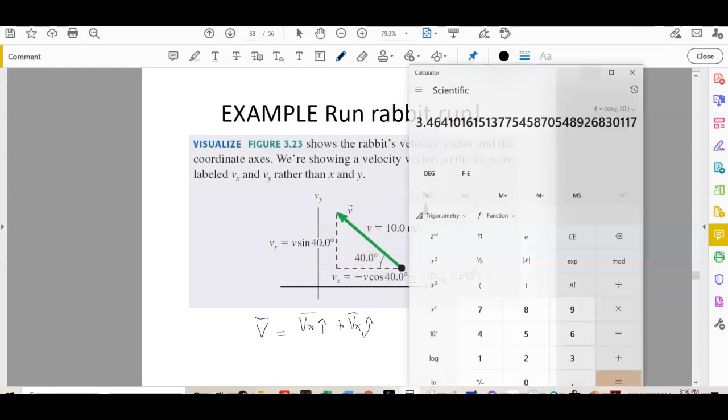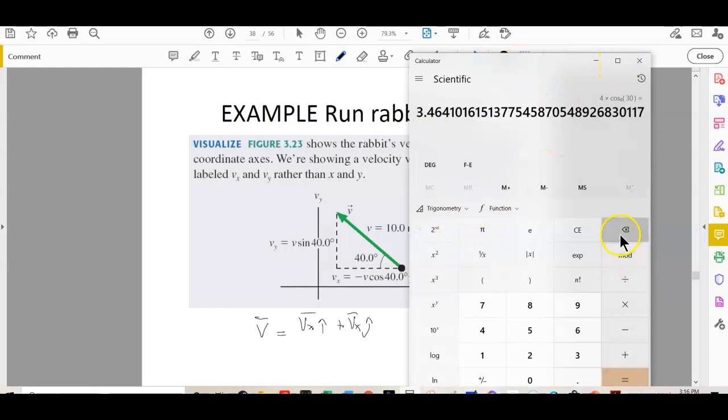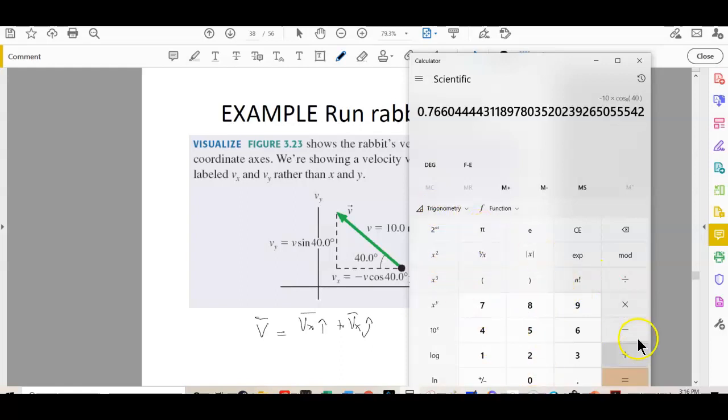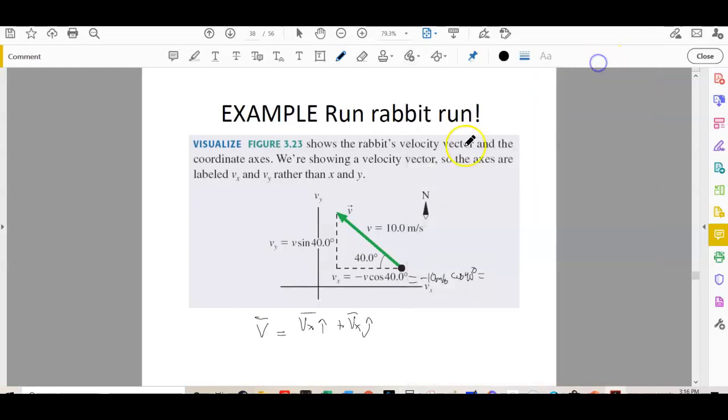Well, let's go ahead and take 10, make it negative, and multiply that by cosine of 40 degrees, which is 0.766. So it'll be negative 7.66, so this is going to be negative 7.66 meters per second.